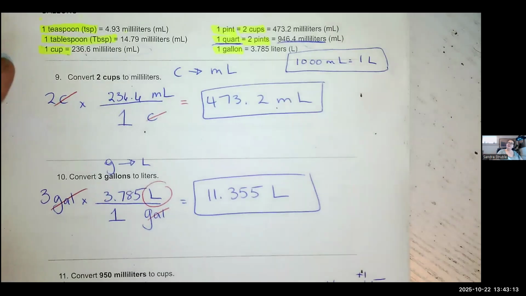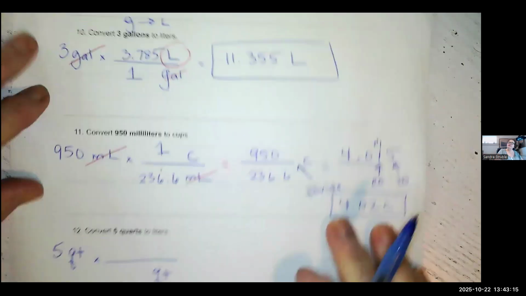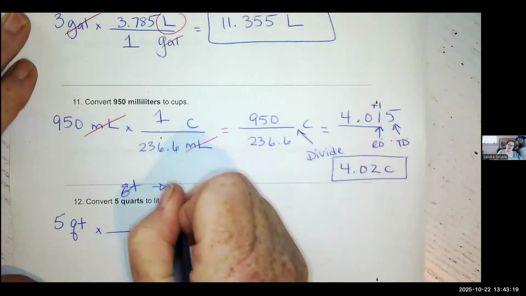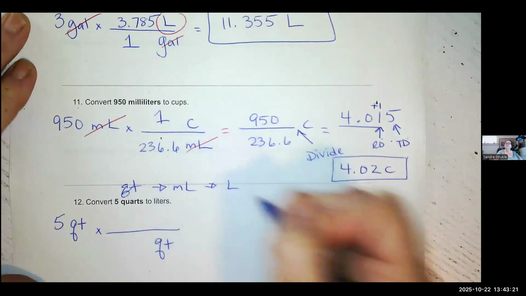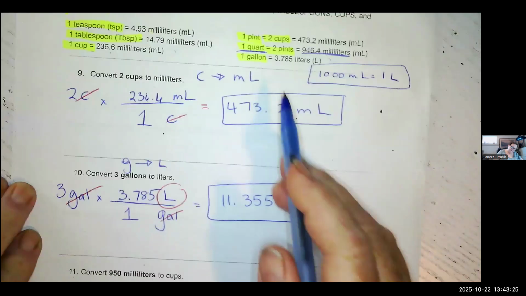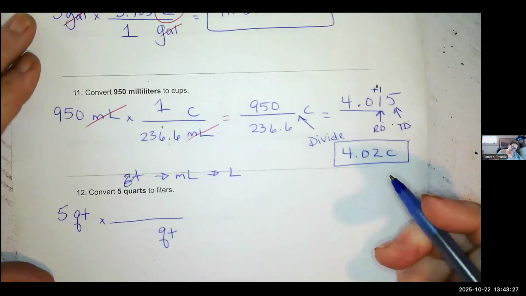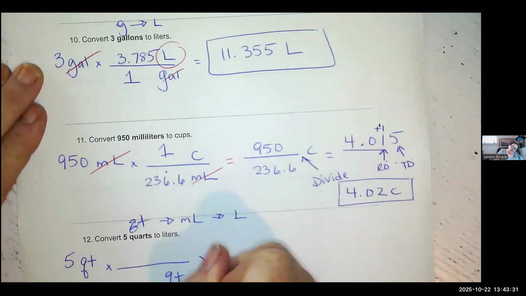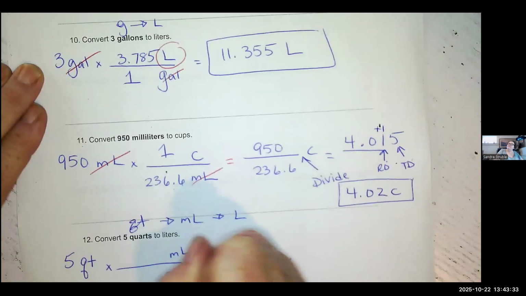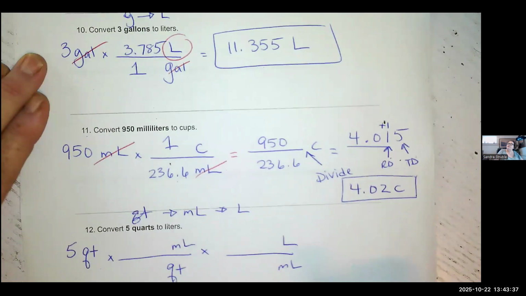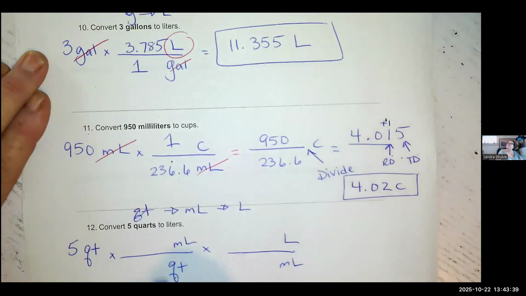I don't need you to. All right. So we're going to have to go from quarts to milliliters to liters. Or you could have gone from quarts to gallons to liters. Either way. All right. So quarts to milliliters, and then milliliters to liters. Okay, that's my setup, how I'm doing this. Quart, milliliter, milliliter, left with liter, fantastic.